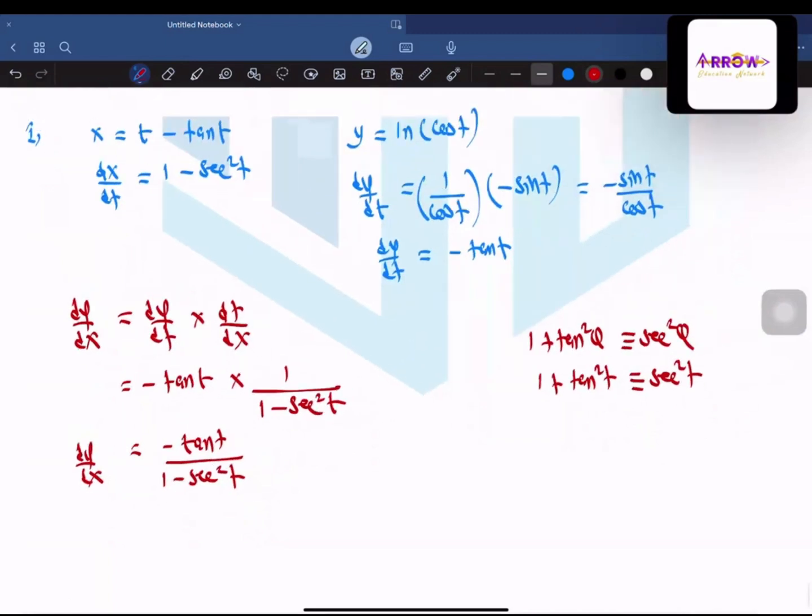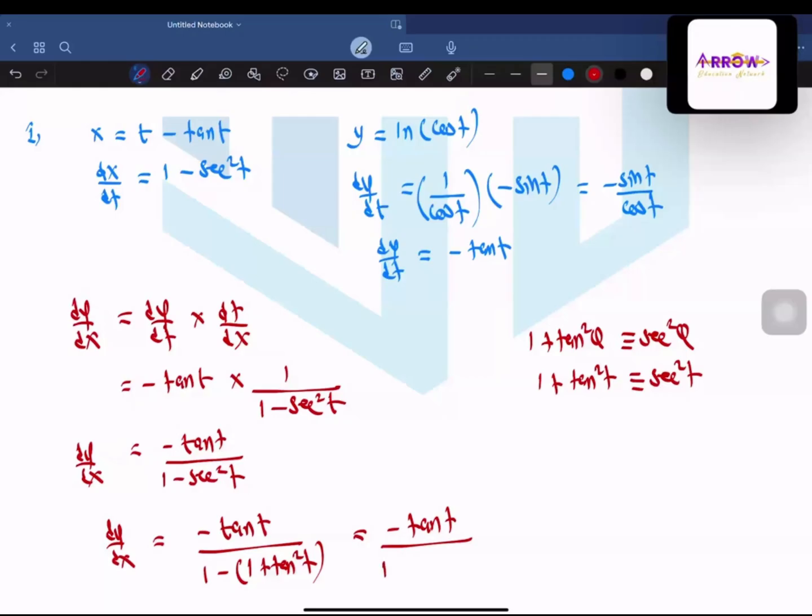So dy/dx = −tan t/(1 − (1 + tan² t)), which is −tan t/(1 − 1 − tan² t). So 1 − 1 gets cancelled out, and you are left with −tan t/(−tan² t).